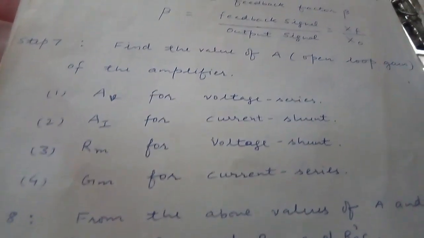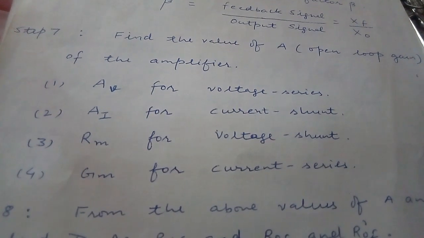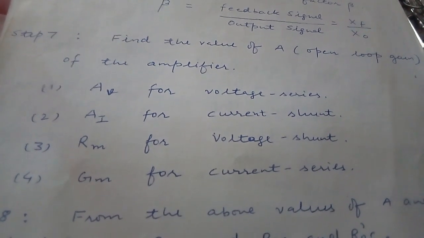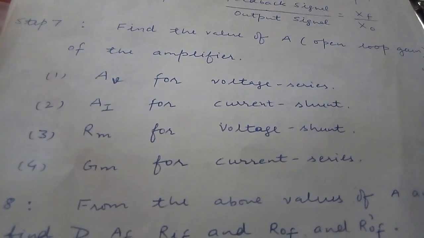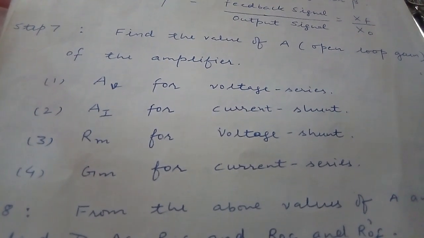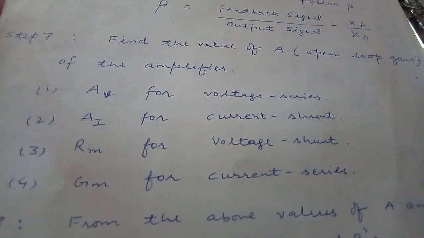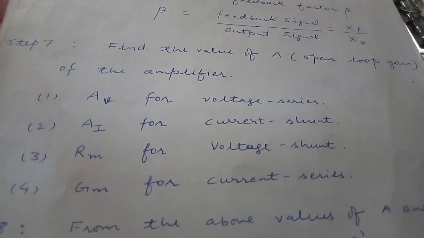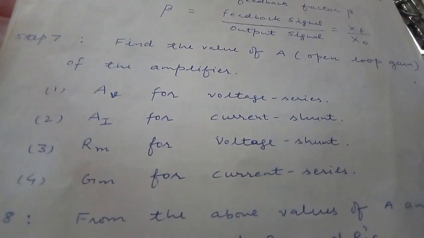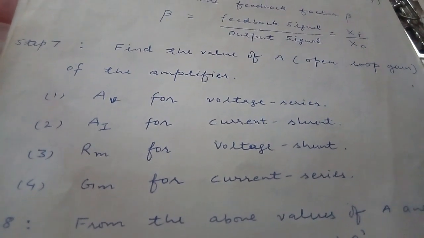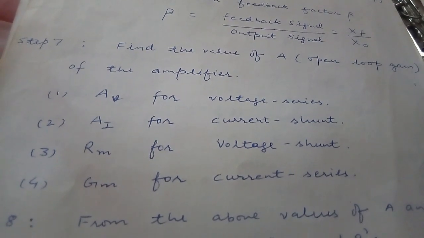In case of voltage series topology, we will find AV. In case of current shunt, we will find AI. In case of voltage shunt, we will find RM, and in case of current series, we will find GM. Why are we doing this? Because let us take the voltage series feedback topology.